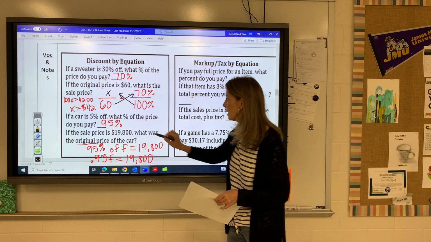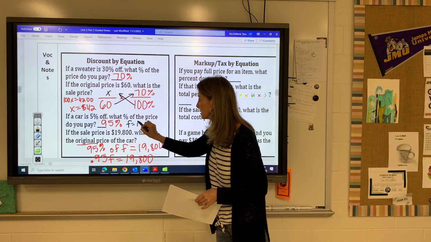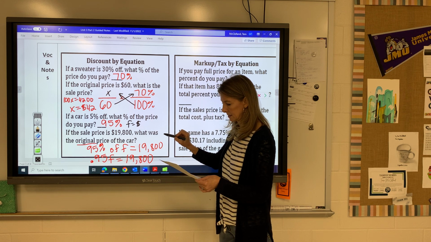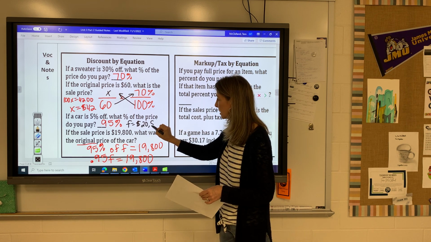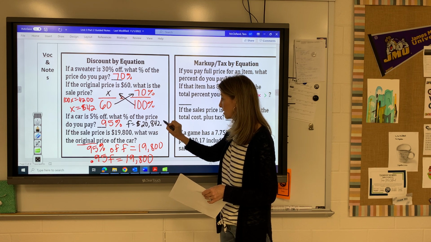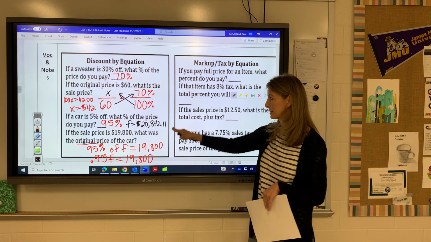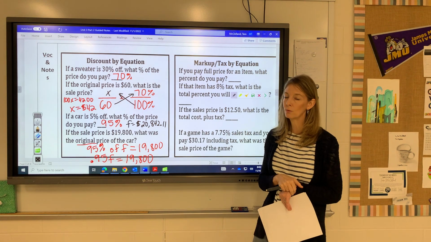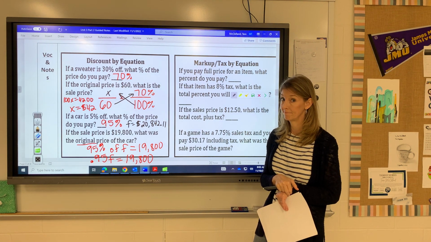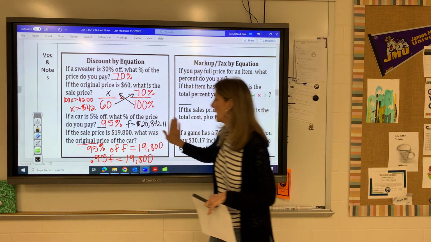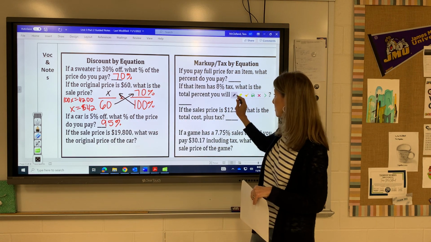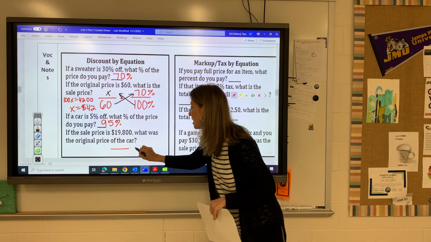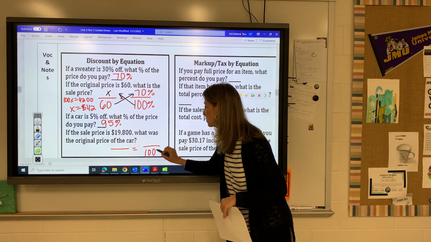When you do that, you find out F equals, let's see, 20,842, and I'm going to round, and it's money, so two places past the decimal, $20,842.11.